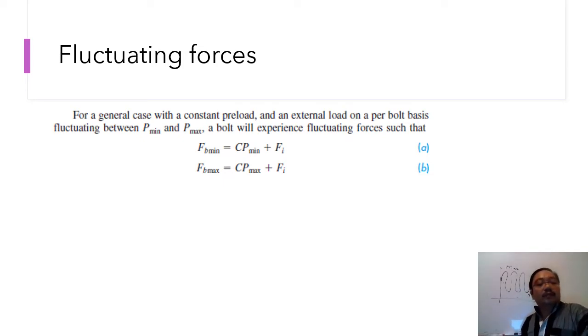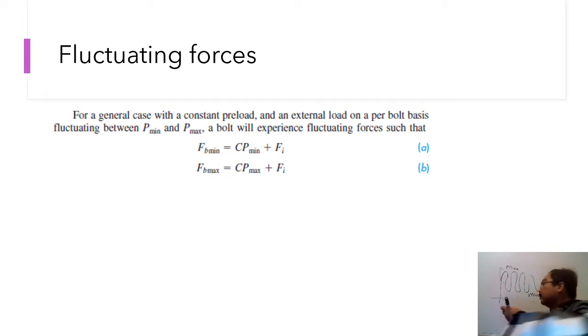A scenario I give you, like a car. Imagine a car is moving. When the car is moving, the force in the car fluctuates all the time. Imagine a table fan.